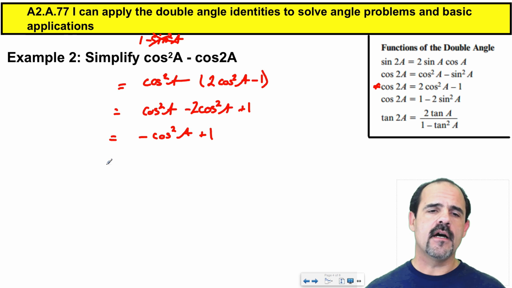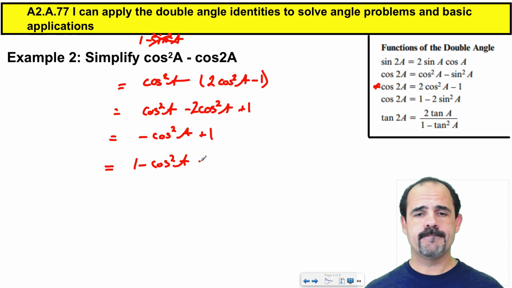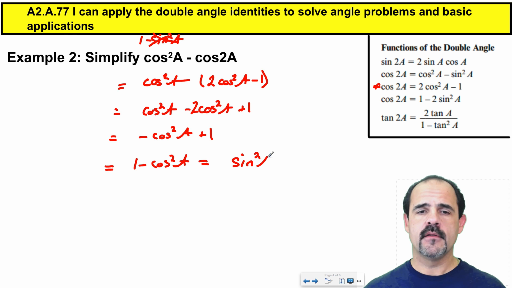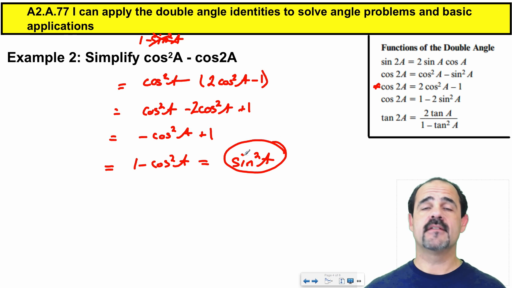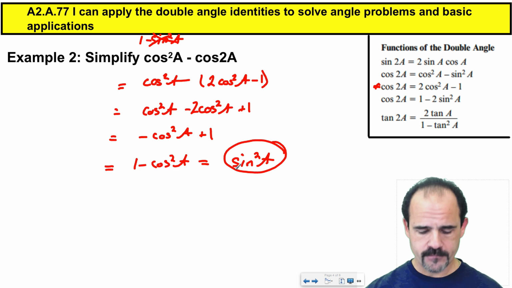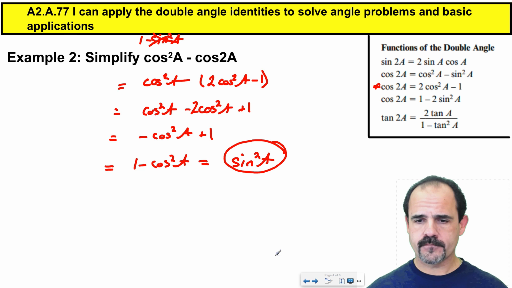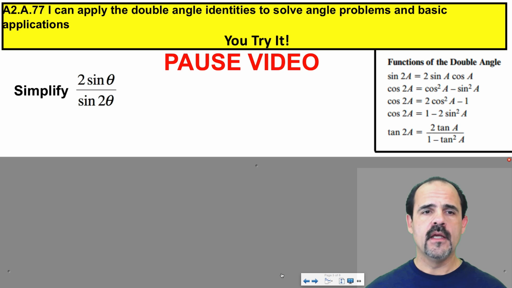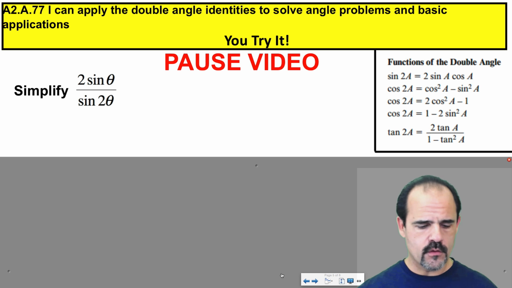If I put this in the other order, in other words, 1 minus cosine squared of a, now do you see why I'm not done? Because 1 minus the cosine squared is the sine squared of a. Doesn't get any simpler than that. So there you go. One term, one trig function. Good to go. All right, now give that one a shot, and I'll go over it with you.